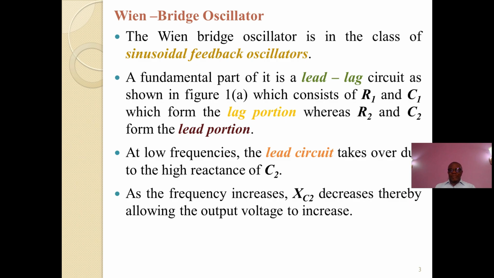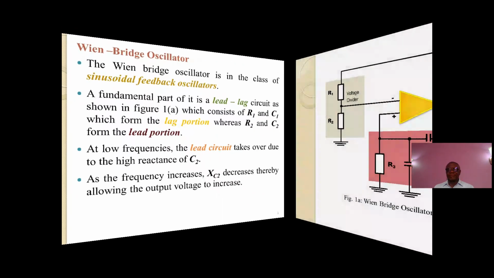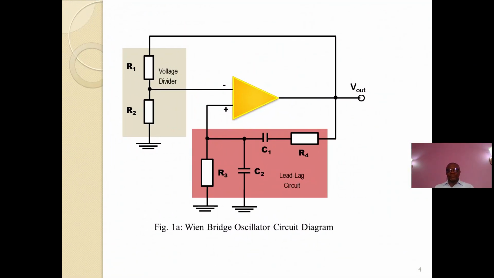At low frequencies, the lead circuit takes over due to the high reactance of C2. As the frequency increases, this reactance of C2 decreases, thereby allowing the output voltage to increase. That is the typical circuit of the Wien bridge oscillator.